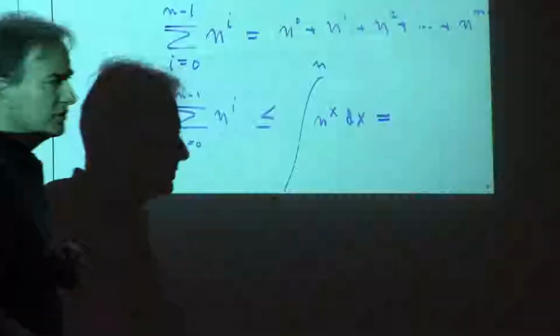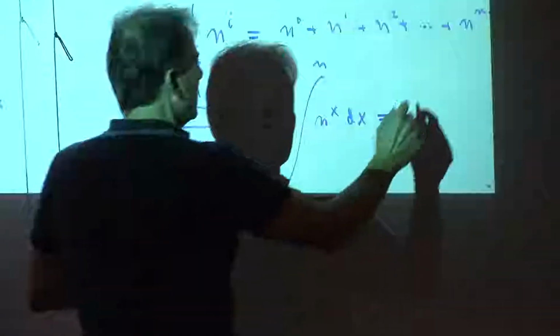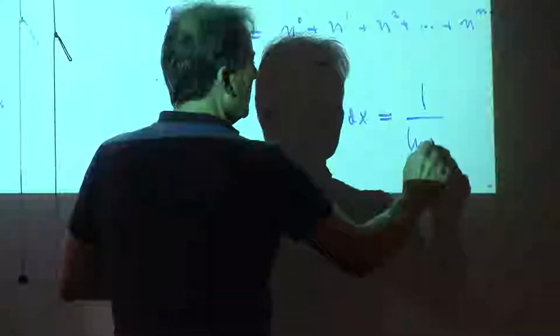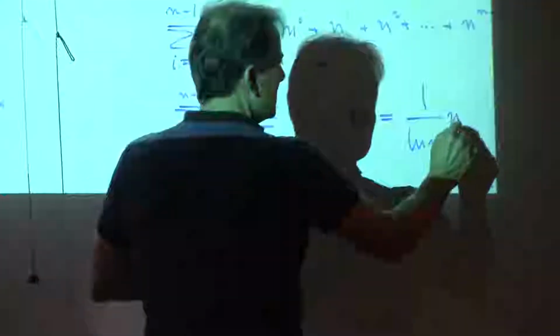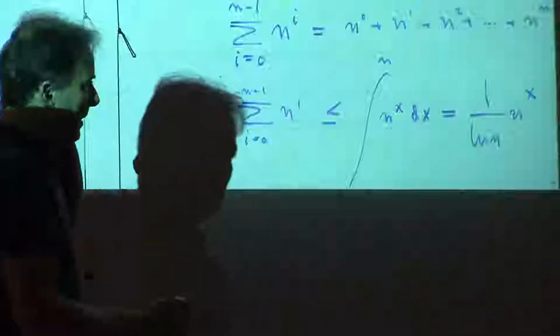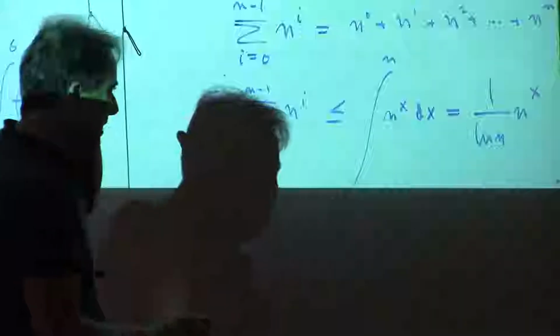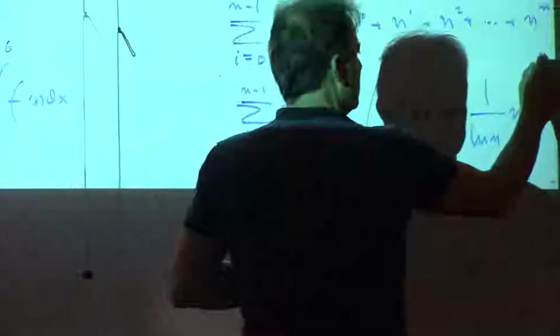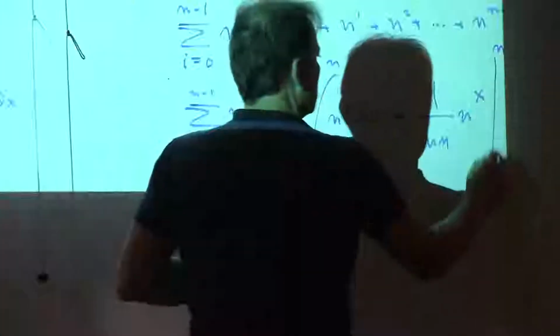So basically, this is going to look like 1 over natural log of n times n to the x. Okay? So that's what it's going to be. And then you have to evaluate this from n down to 0.